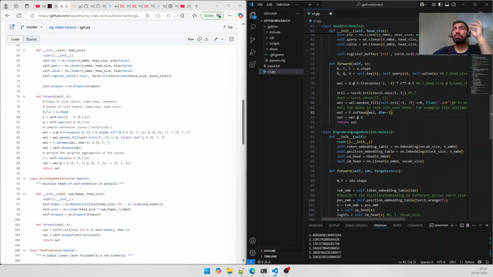Softmax. So it will be B for each T, and head size, it should have been, yeah.